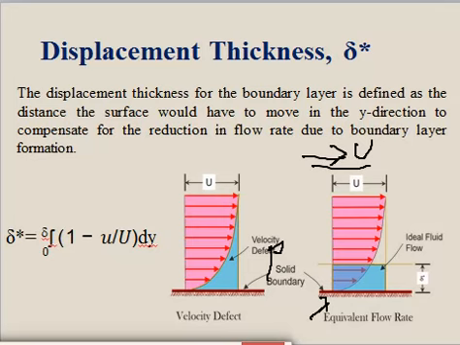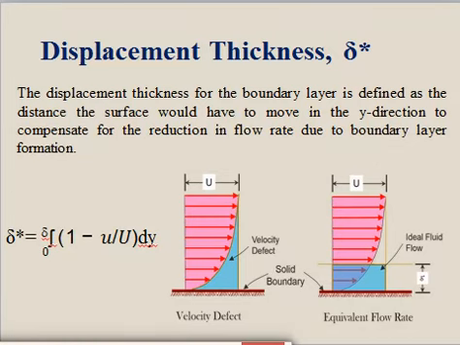Because of that, in this blue region the velocity is less, so this region represents capital U minus small u. This capital U minus small u is called the velocity deficit.